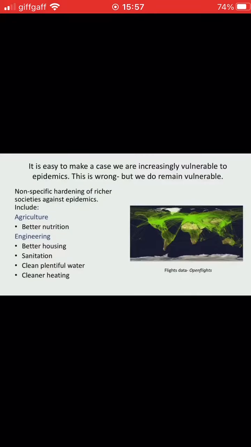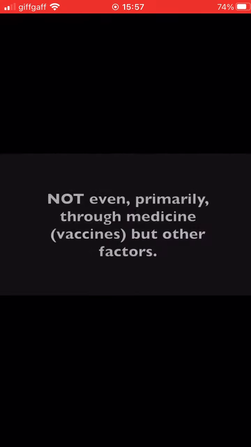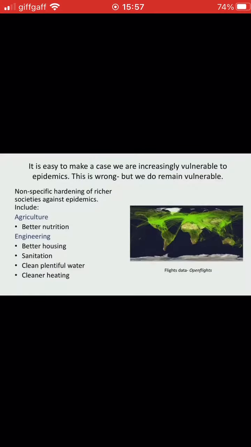And it does this not primarily for reasons of medicine, which we'll come on to, though medicine does play a role, but in fact because of all the other things that lead to a successful rich society. Agriculture, for example, leading to substantially better nutrition, engineering leading to better housing, sanitation, clean and plentiful water, and cleaner heating as examples. So there are many things we do as societies which are not designed to prevent epidemics, but do so just as a process as countries become wealthier and more developed.